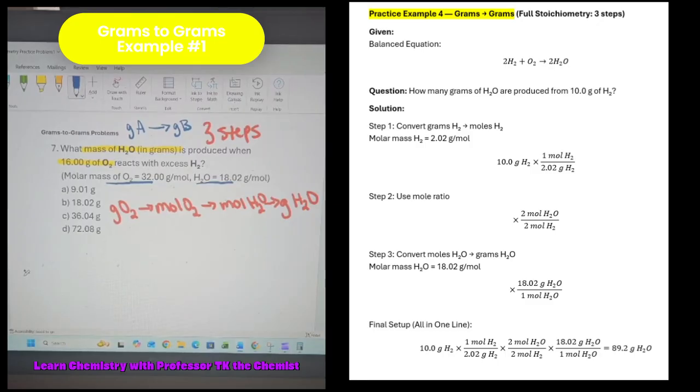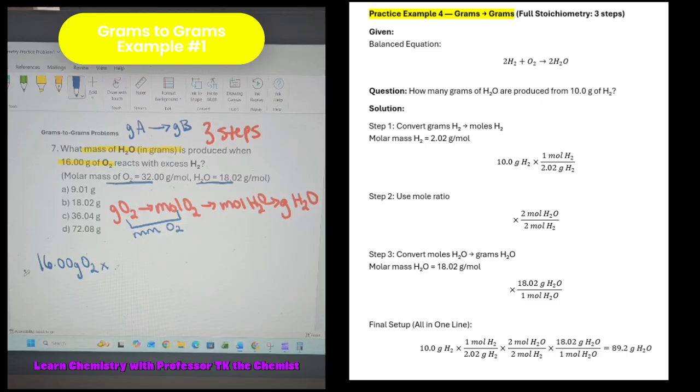All right. You're going to take the 16.00 grams of oxygen. And if I talk slow, I'll probably write neater. You're going to take the grams of oxygen and divide it by the molar mass of oxygen.